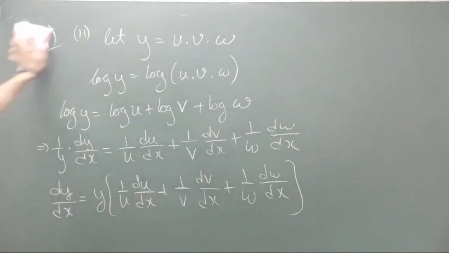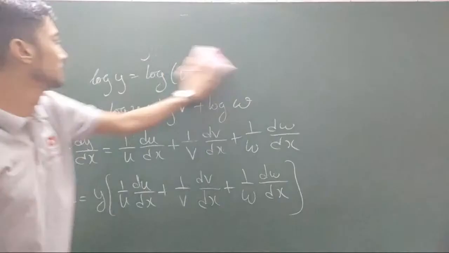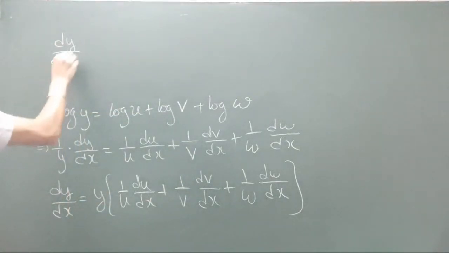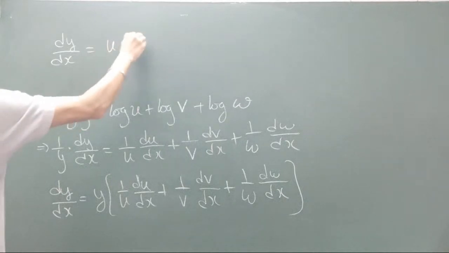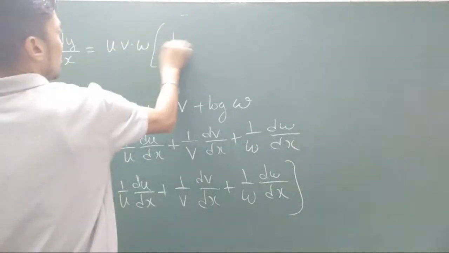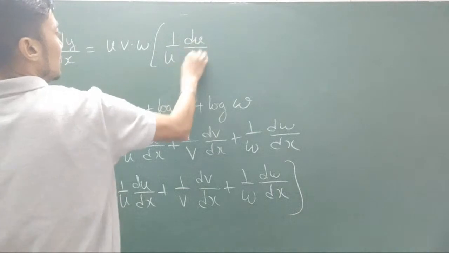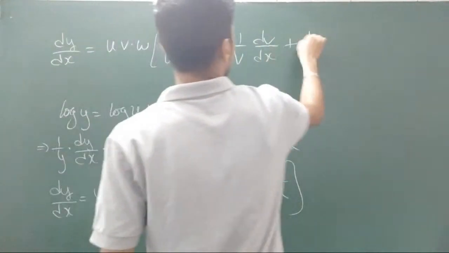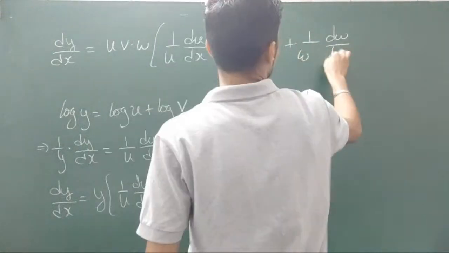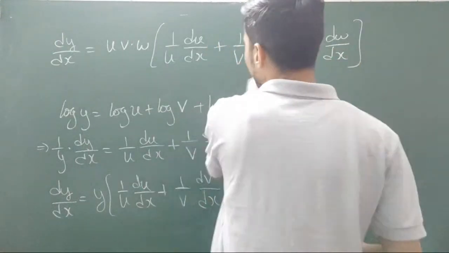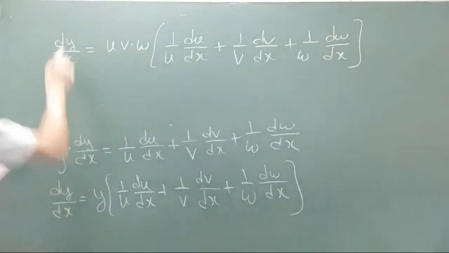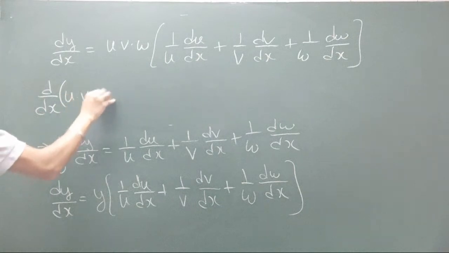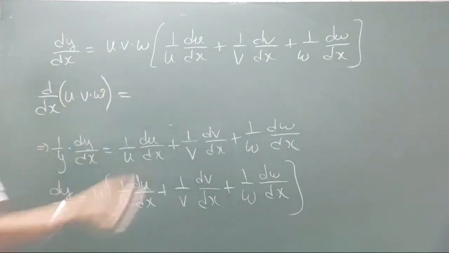What is the value of y? u into v into w. So dy by dx is u into v into w times 1 by u du by dx plus 1 by v dv by dx plus 1 by w dw by dx. Now for y, just to match with the question, I'll write u into v into w.